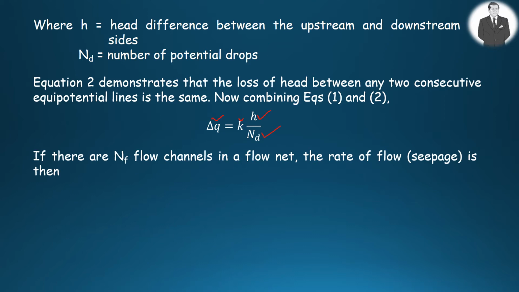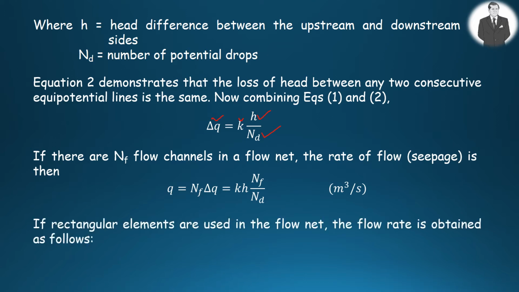If there are NF flow channels in a flow net, then the rate of flow is obtained as NF times delta Q. If rectangular elements are used in the flow net, the flow rate is obtained as given in the equation here, where the ratio is between the width and the length of the elements.